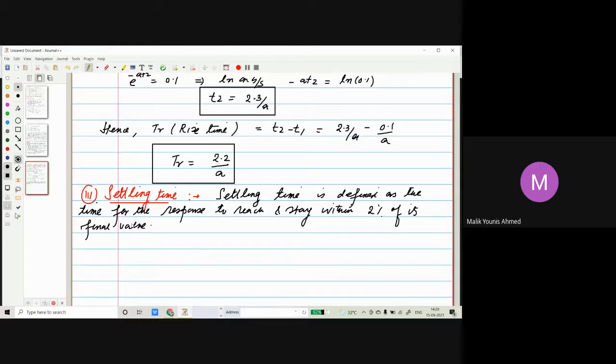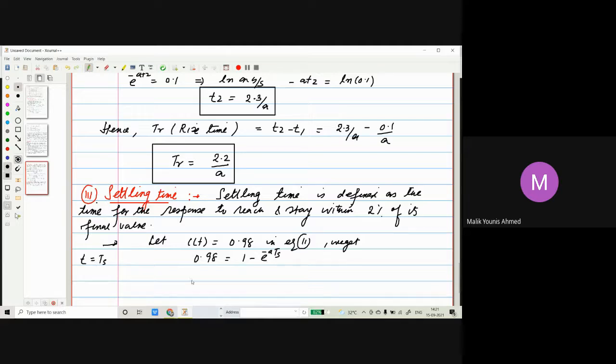That's the settling time. So what is the expression for this one? How can we derive the expression for this one? We know 2% of 1 will be, we have 1 as the final value, so within this it has to settle down. So C of t is 0.98, substituting that in equation two: 0.98 will be equal to 1 minus e raised power minus a t, where we call t as ts, the settling time.